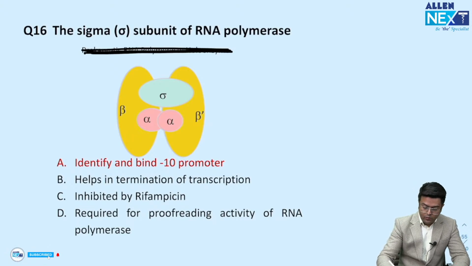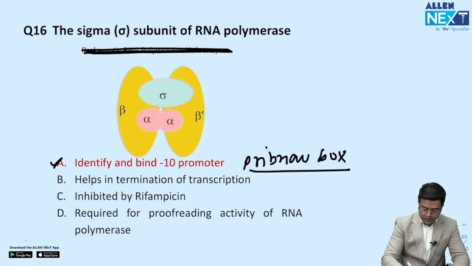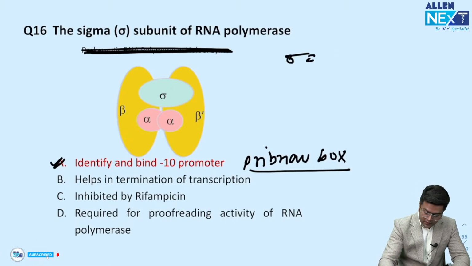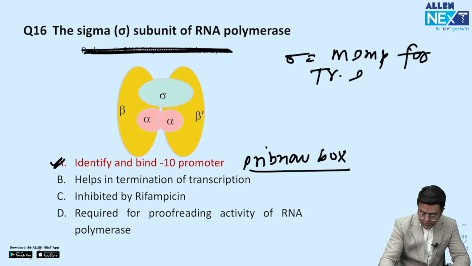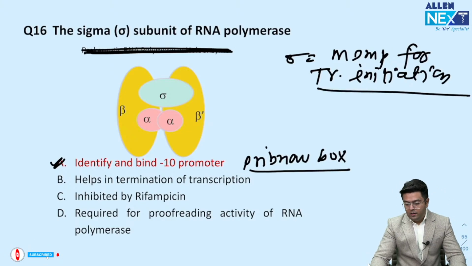Fine guys, the -10 promoter is called the Pribnow box in bacteria. So this is the most important subunit, and sigma is most important for transcription initiation, right? Transcription initiation.